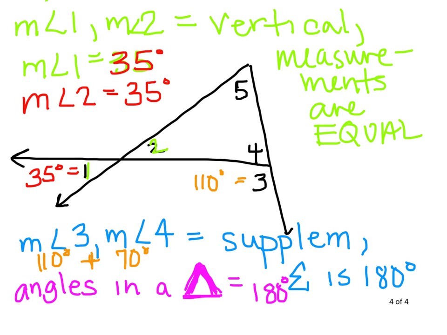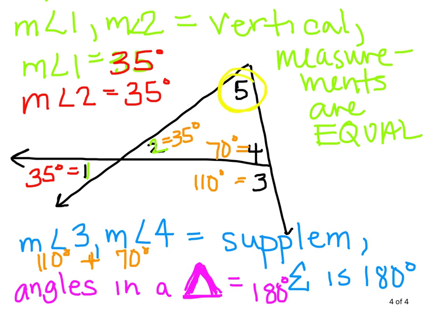Correct. All right, so for number 3, use what you know about the sum of the measures of the angles of a triangle to find the measurement of angle 5. So we found the measurement of angle 4, which is 70 degrees. We found the measurement of angle 2, which was 35 degrees. And so now we just need to find the measurement of angle 5.